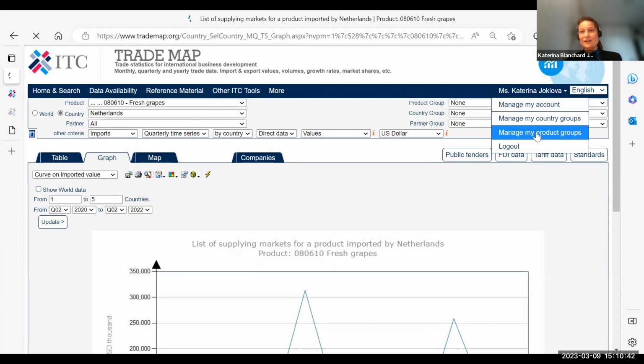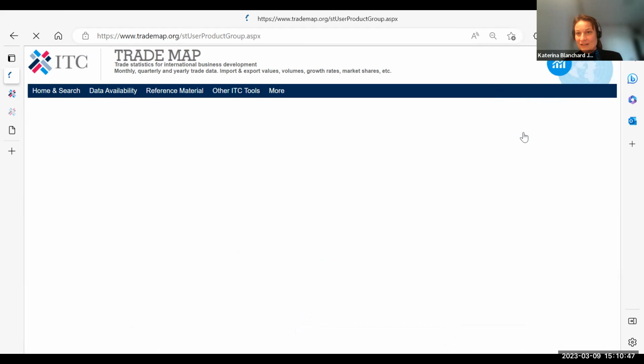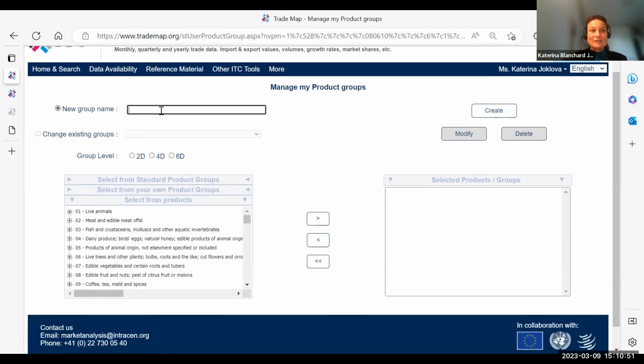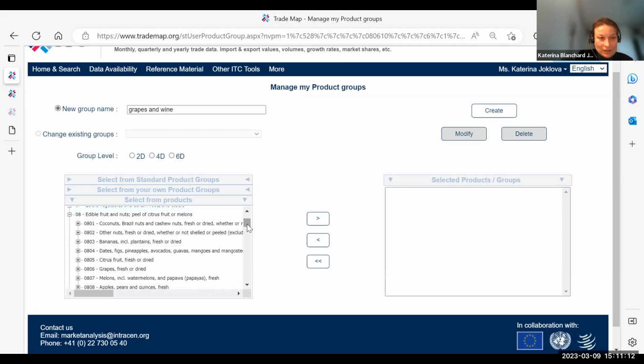Product groups we have here. If it works, we can put the name of the group, for example, grapes and wine, whatever. Here we select the corresponding codes. So we would do 08 edible fruit. Grapes, fresh or dried.